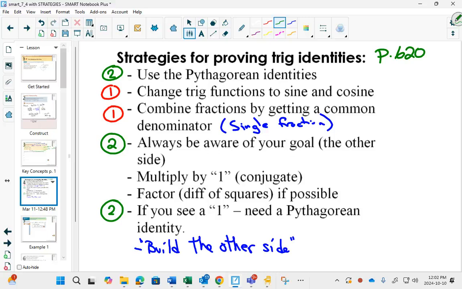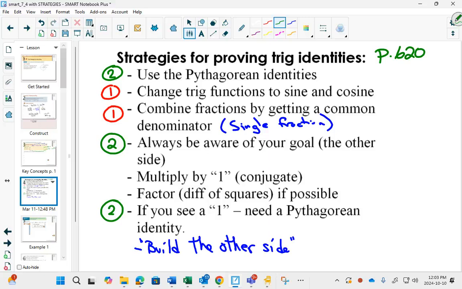And usually that hint means that you're not changing to sine and cosine because you're going to use one of the other Pythagorean identities. So if you have a tan squared theta, before I change it to sine squared theta over cos squared theta, I'm going to think maybe my Pythagorean identity is better. Not always. Sometimes you'll still have to go back to strategy number 1, but sometimes it is.